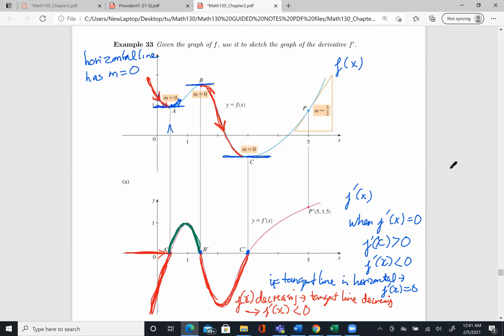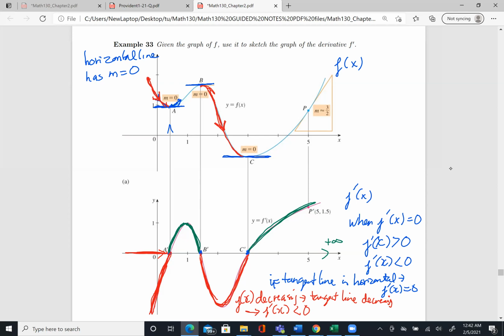Over here is one part and this one also. So from a prime to b prime, f'(x) is positive. And from c prime to positive infinity, you have f'(x) positive. So look back at the f(x) graph.